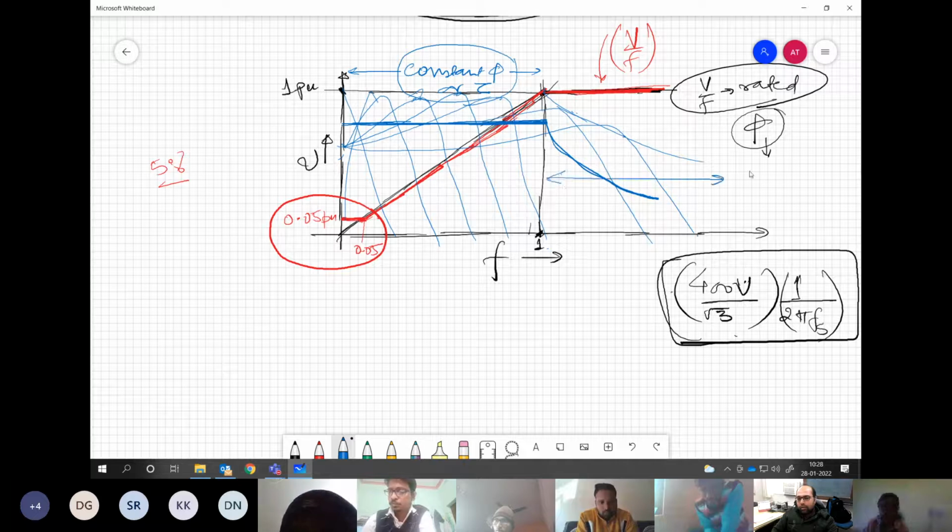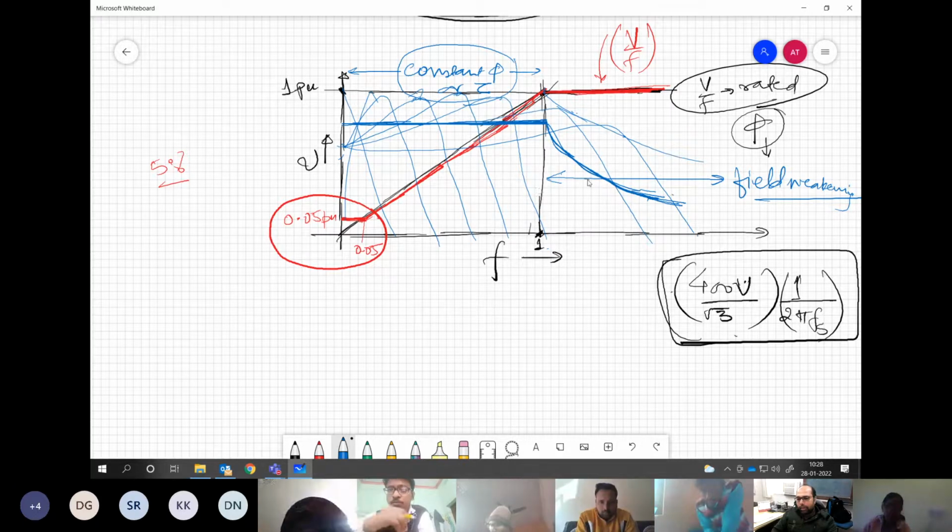Now here what we have is known as the field weakening zone. So here we have reduced or degraded our flux value. We cannot do anything but to degrade it because voltage has reached its limit, but still we can operate.